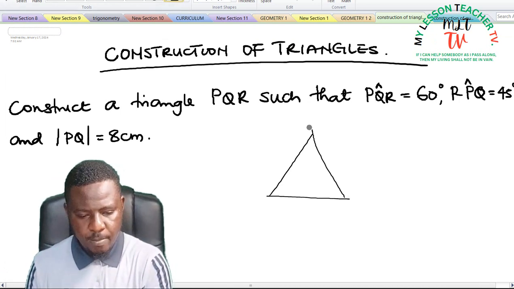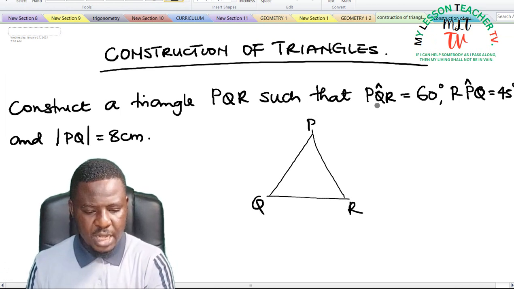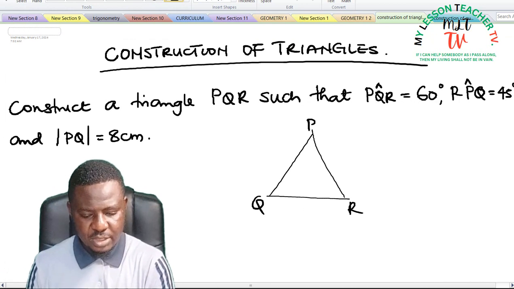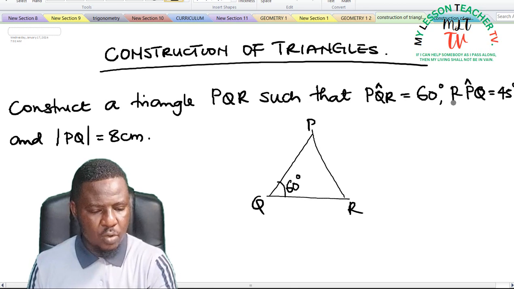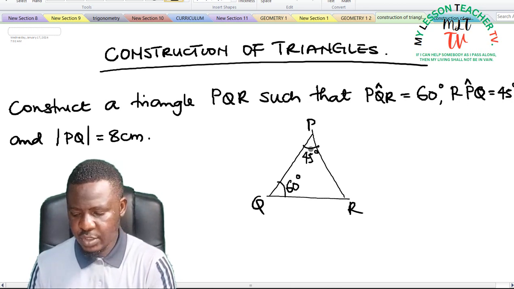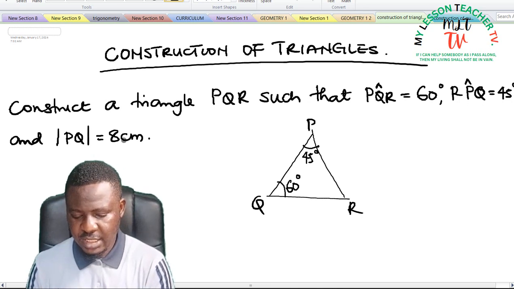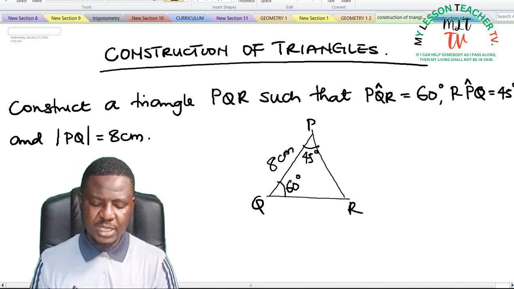Let me call this P, Q, and R, such that angle PQR is 60 degrees, and angle RPQ is 45 degrees, and PQ is given as 8 centimeters.